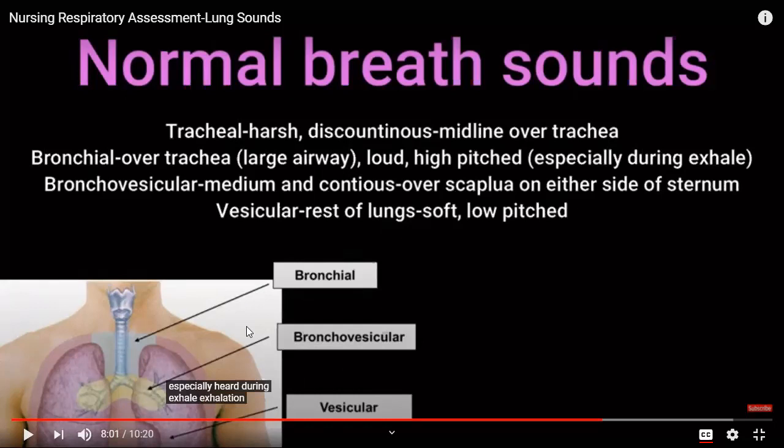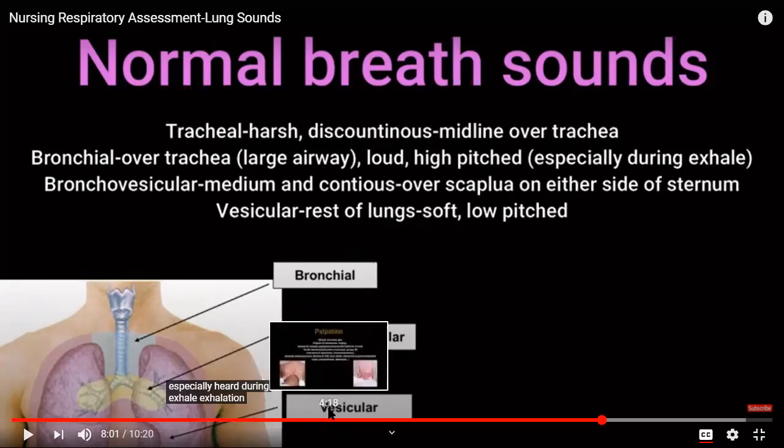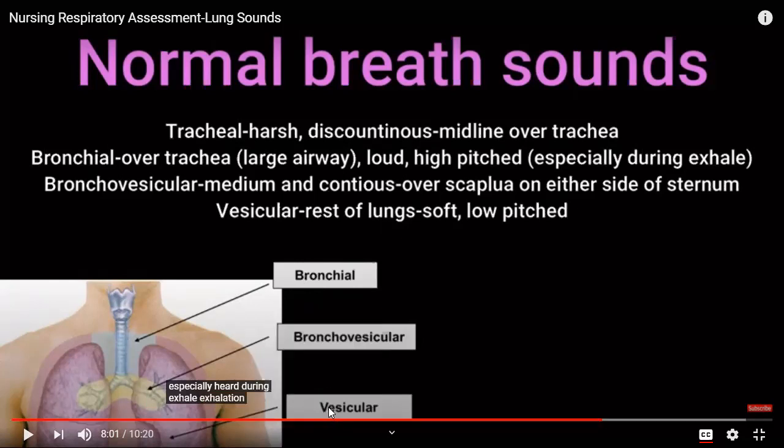In between is the combination of these two, bronchovesicular. And the most distant, according to the alphabet, the letter v is a little bit farther than the small b. So vesicular sounds we get in the periphery.